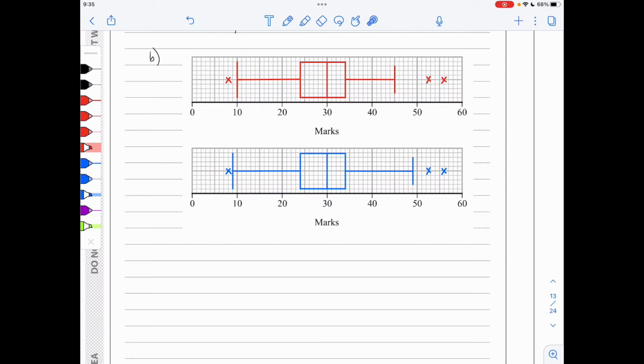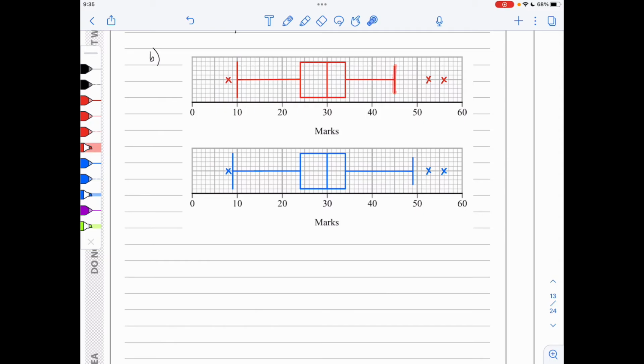So we know that 10 was an observed mark, and this was the last value that is not an outlier. And on the right hand side, we know that 45 was observed, and it's actually the last mark not to be considered an outlier.